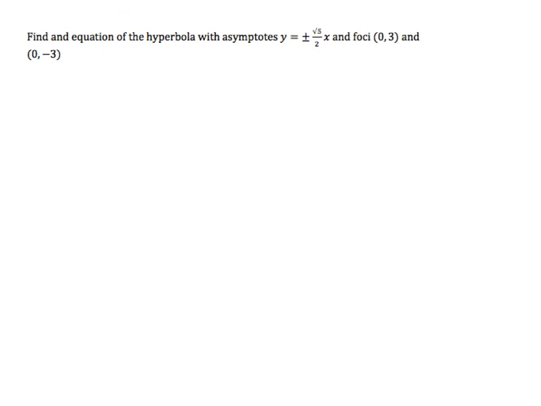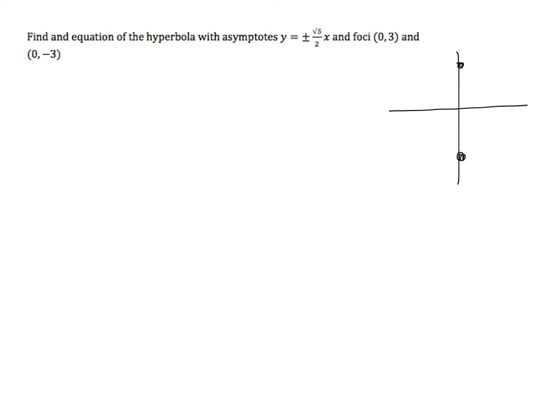Okay, last problem. We are given asymptotes and foci. So with asymptotes, you're never really sure if you're looking at b over a or a over b. But again, with those foci, we actually do have an idea of what's going on, right? So I've got 0, 3 and 0, negative 3. That tells me that y comes first.